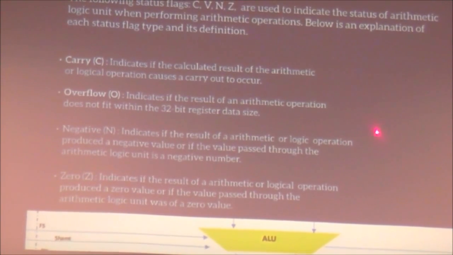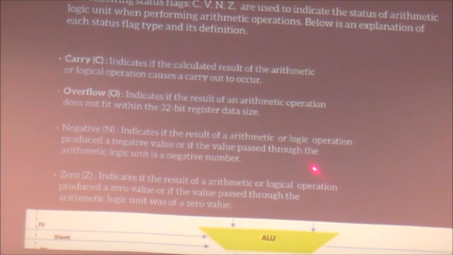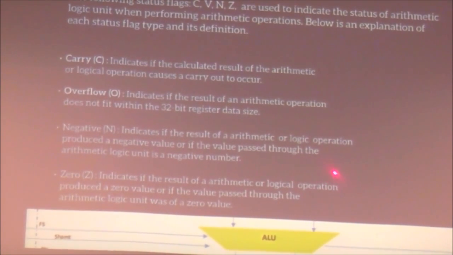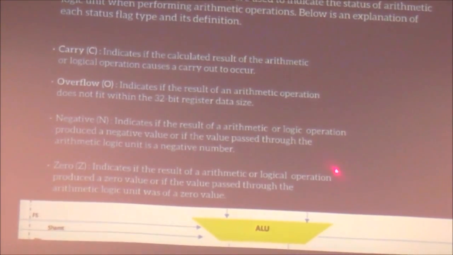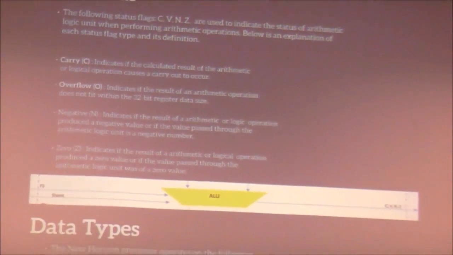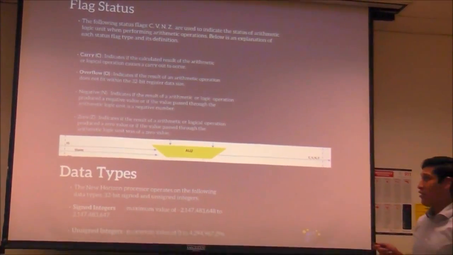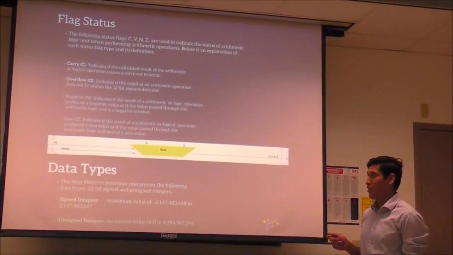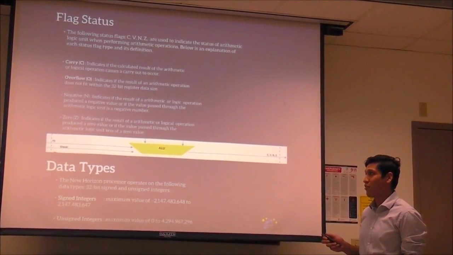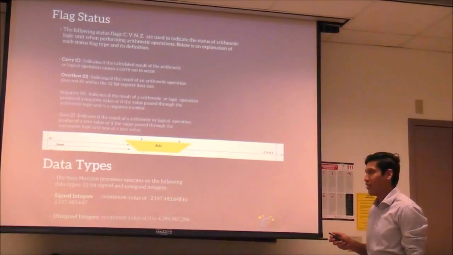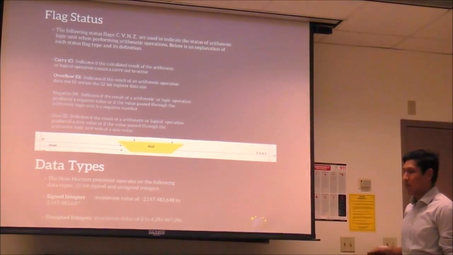Negative indicates if the result of an arithmetic or logic operation produced a negative value, or if the value passed through the arithmetic logic unit is a negative number. And zero indicates if the result of an arithmetic or logical operation produced a 0 value, or if the value that passed through the arithmetic logic unit was a value of 0.